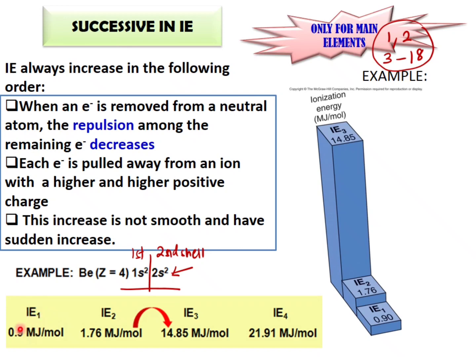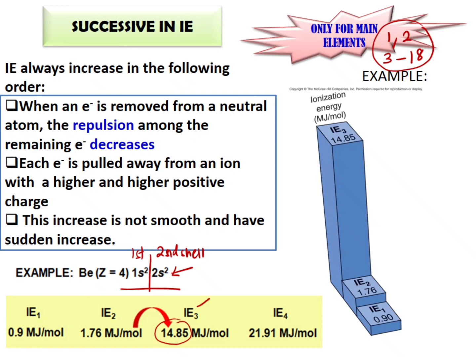So tenaga yang digunakan adalah 0.9. Kemudian remove second electron, tenaga dia 1.76. Okay, and then when you remove the third electron, ini graph dia. So you boleh nampak tangga ni. To remove the third electron, the energy needed is 14.85.